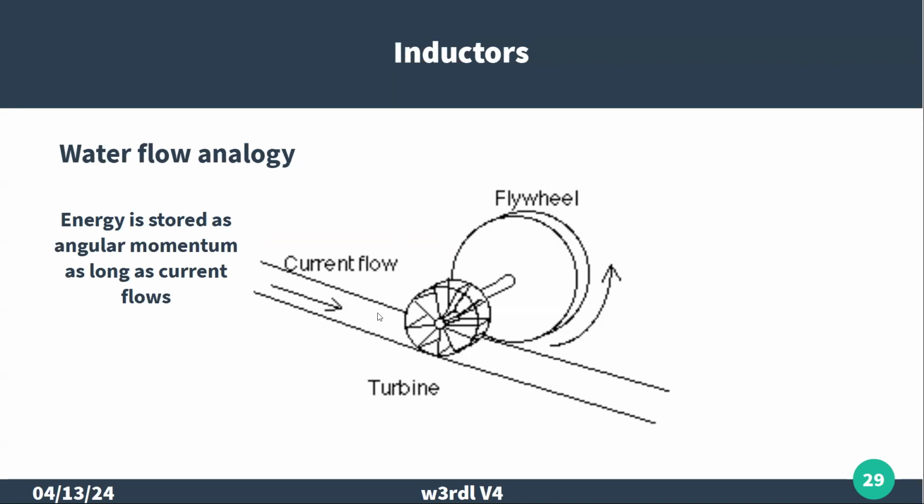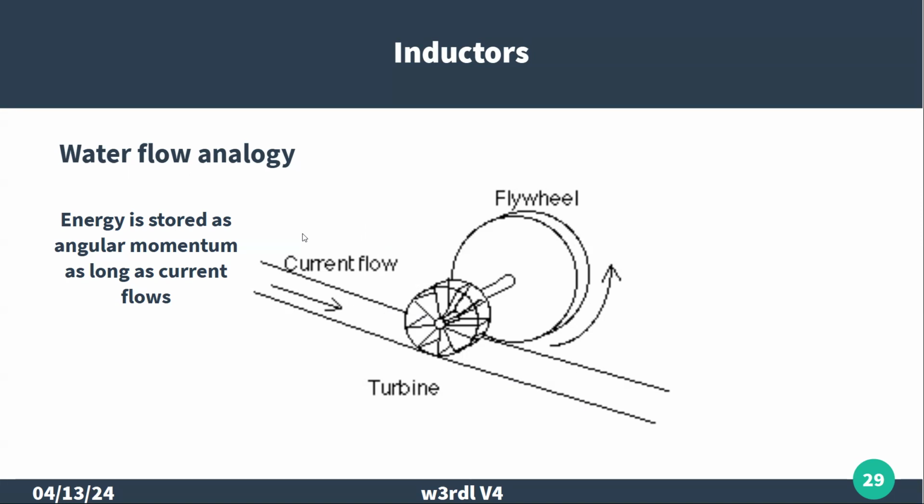When you stop applying pressure or voltage, it's going to spin down and dissipate that energy stored in the flywheel or in the magnetic field. Same way a capacitor does it, except this opposes current flow initially, where the capacitor looks like a short circuit initially and opposes current flow when it's charged up.